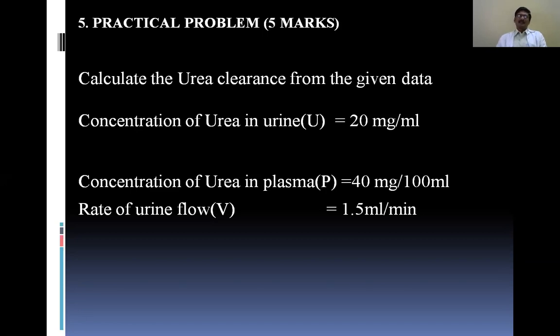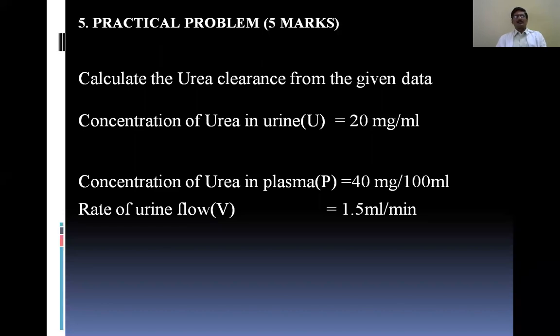So when you calculate the urea clearance value, it will be slightly lower than the normal GFR, because some amount of urea which is filtered is being reabsorbed. It undergoes a urea cycle. That is the reason that when we use urea clearance, the value you get may not be the value we obtain from inulin.